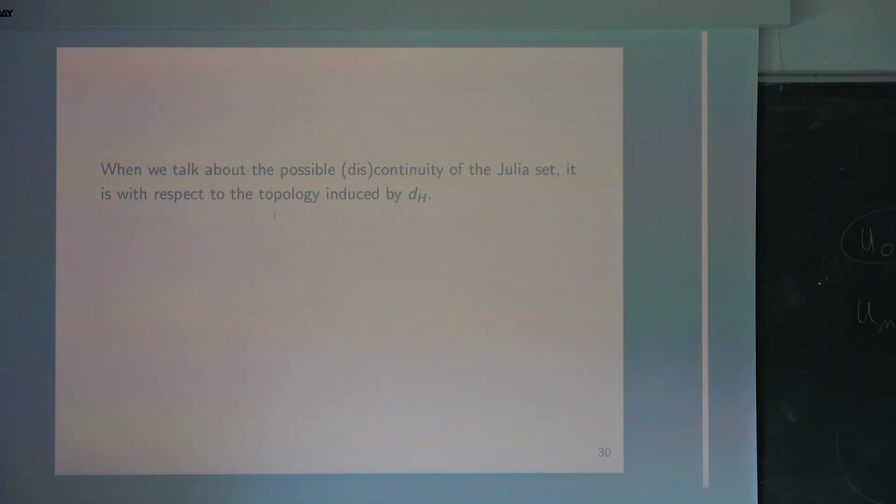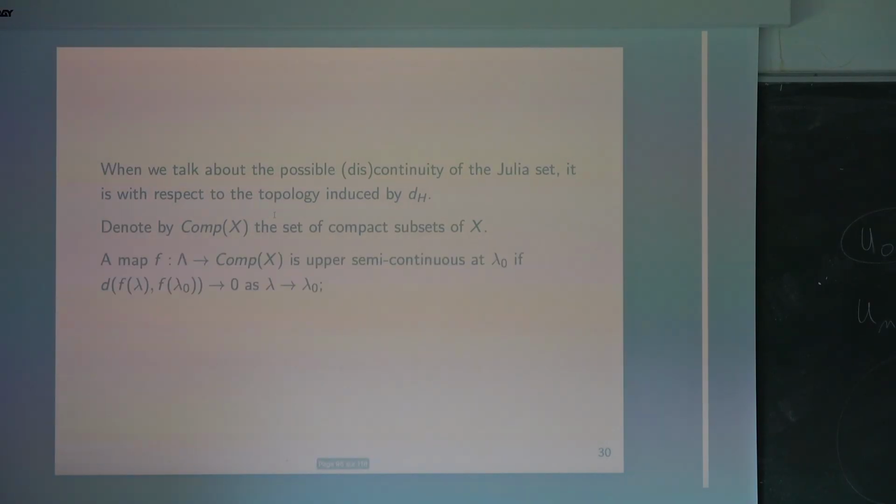So when we speak about discontinuity, it's with this Hausdorff distance and the topology on compact sets induced by this distance. And what is semi-continuity? We say that the function, so it will be the Julia set here, is upper semi-continuous if for this distance, which was not the Hausdorff distance, okay?